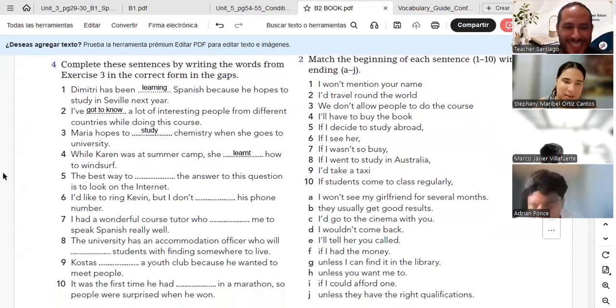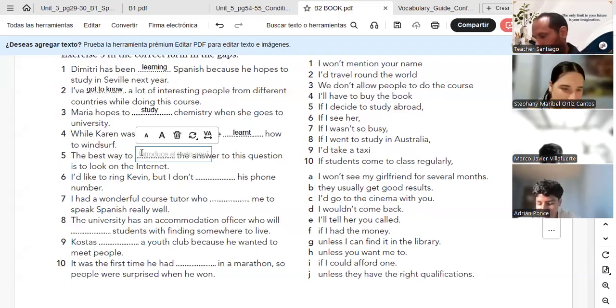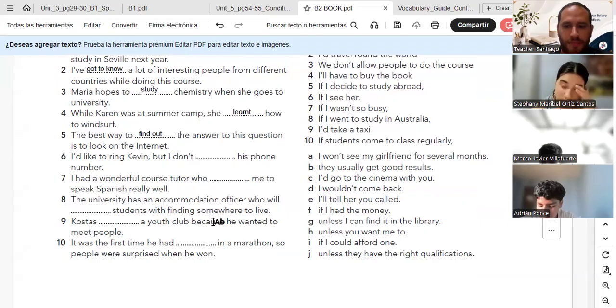Let's continue. Stephanie, number 5. The best way to find out the answer to this question is to look on the internet. Yes, thank you. Good pronunciation. Well done.